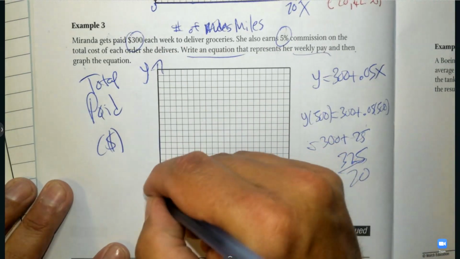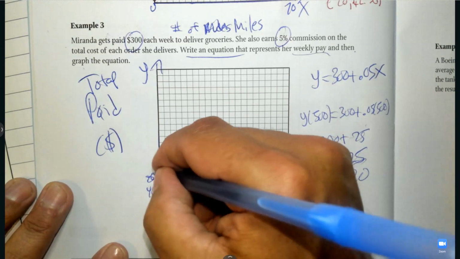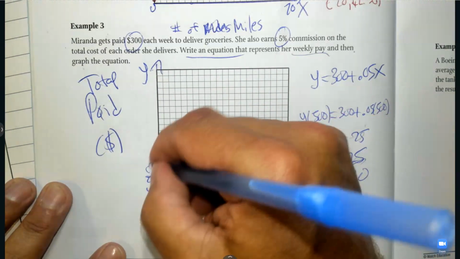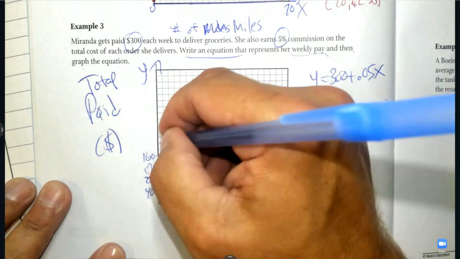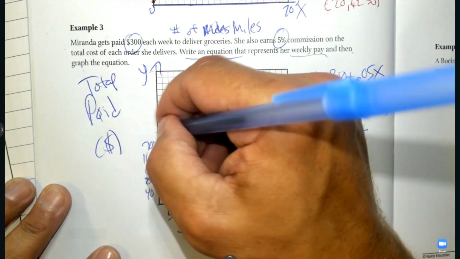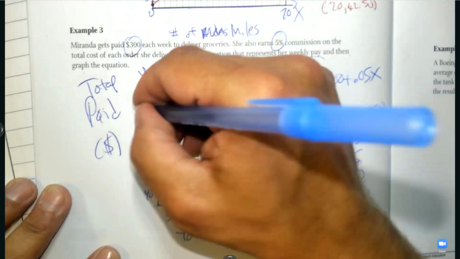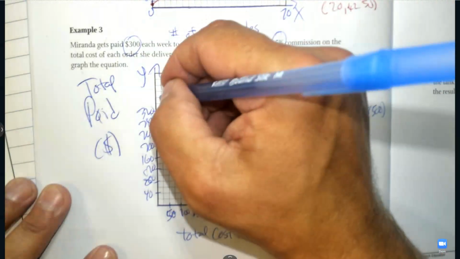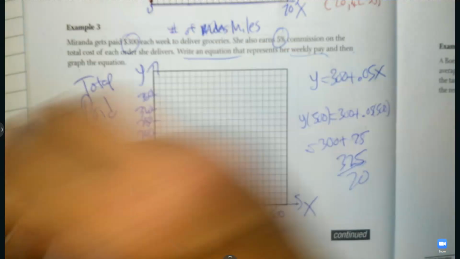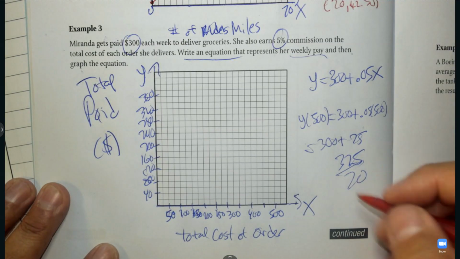So I'm going to go 40, then 80, then 120, 160, 200, 240, 280, 320, 360. There you go. Now, to graph this, 2 points.